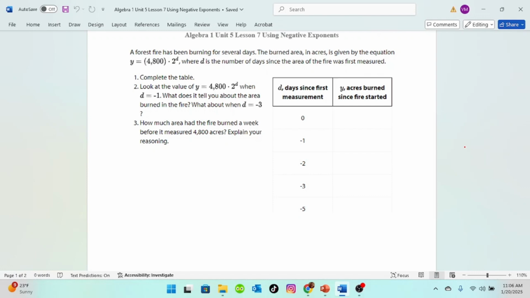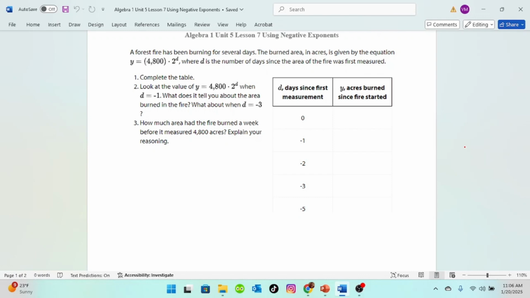Also, we need to understand that when you use a negative exponent, that negative turns the base number into its reciprocal. So here, instead of multiplying by 2, we're going to multiply by its reciprocal, which is 1/2.